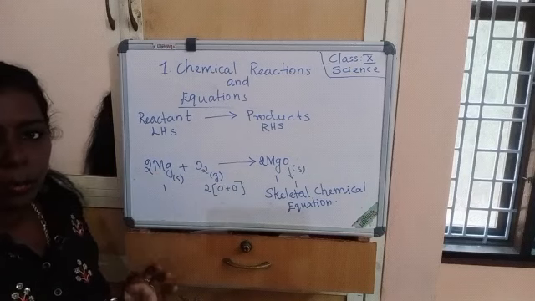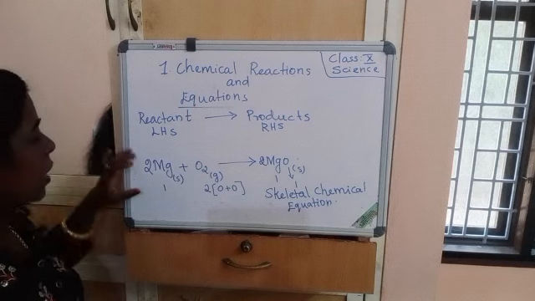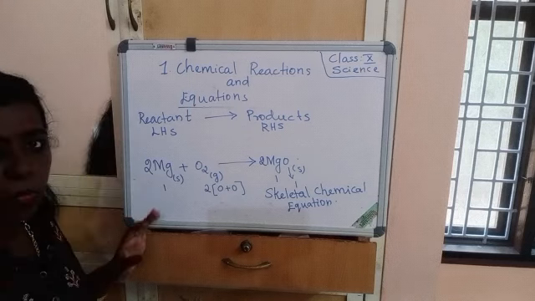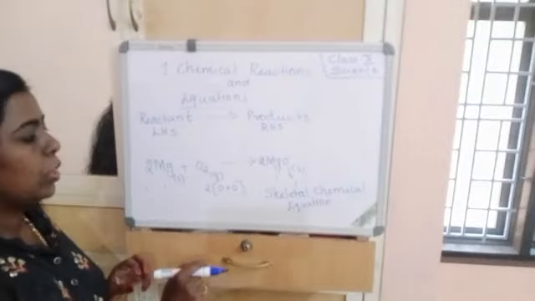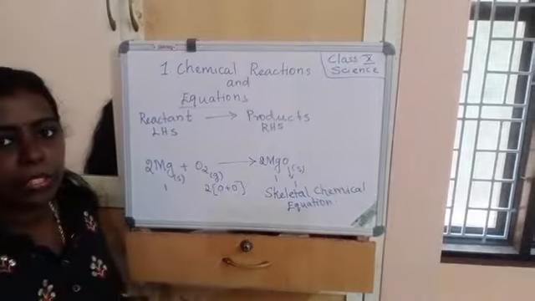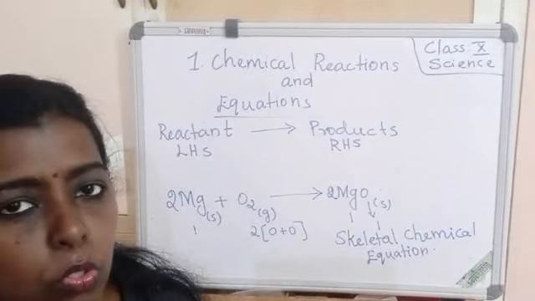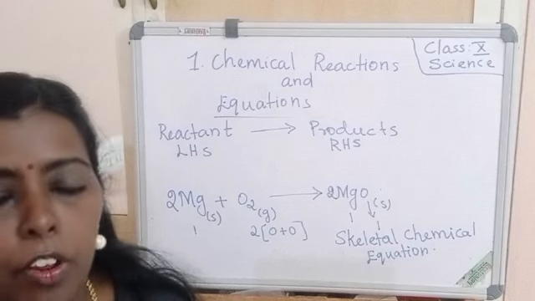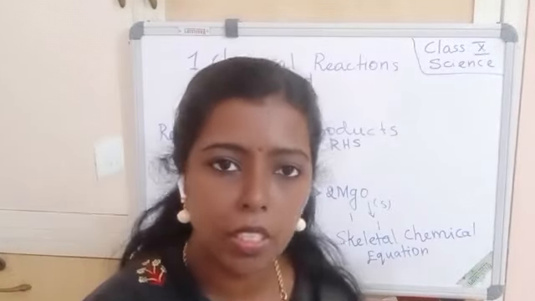The 2 and 1 represent the amounts of our reactants and products, represented in moles. So 2 moles of magnesium react with 1 mole of oxygen molecule to form 2 moles of magnesium oxide. So while we are writing a chemical equation, we should write reactants on the left hand side and products on the right hand side.